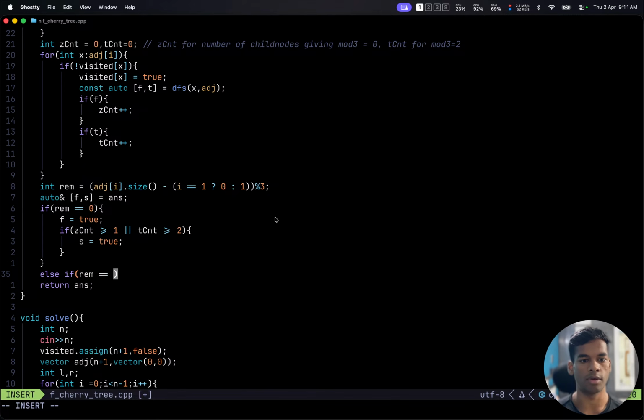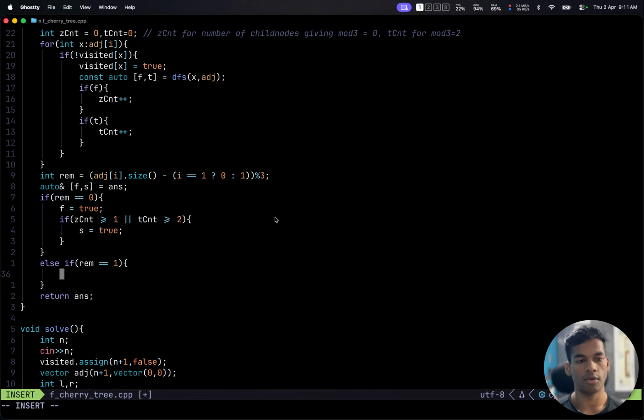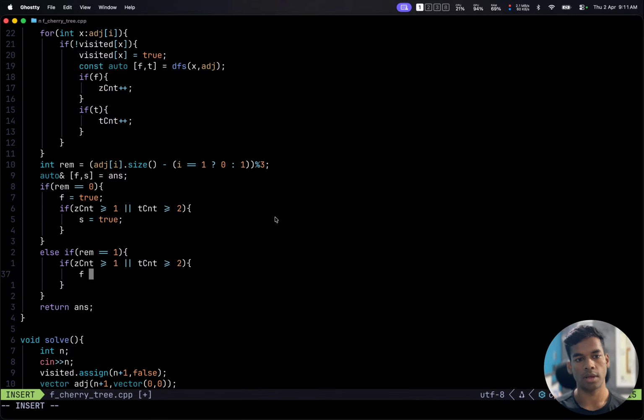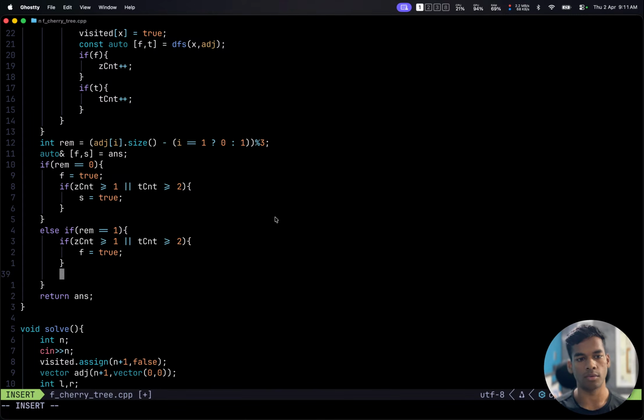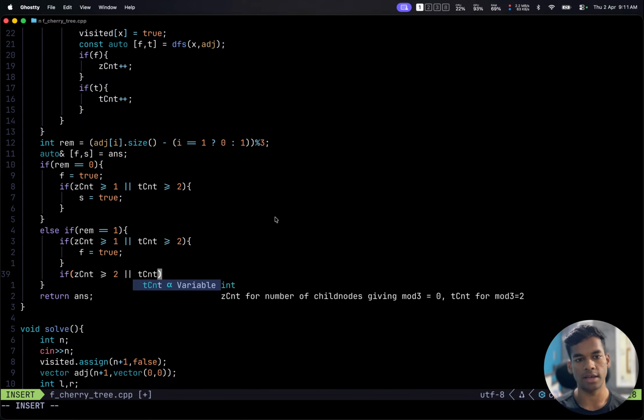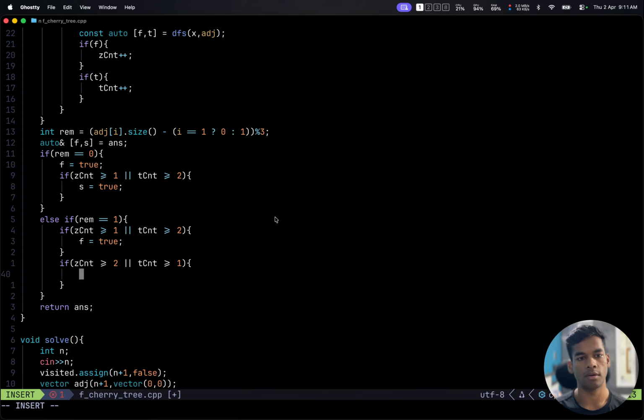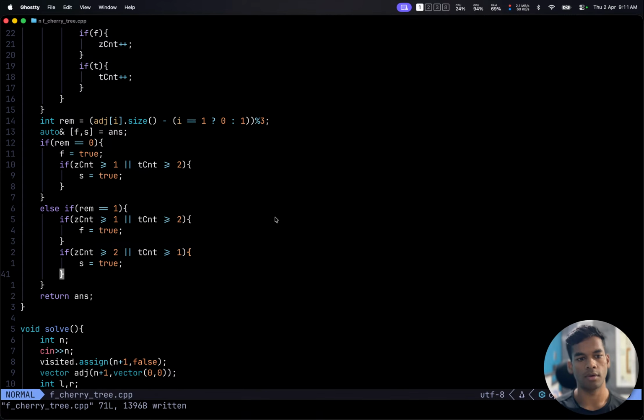Else if rem equals 1, then if z cnt greater than equal to 1 or t cnt greater than equal to 2, f equals true, and if z cnt greater than equal to 2 or t cnt greater than equal to 1, s equals true.